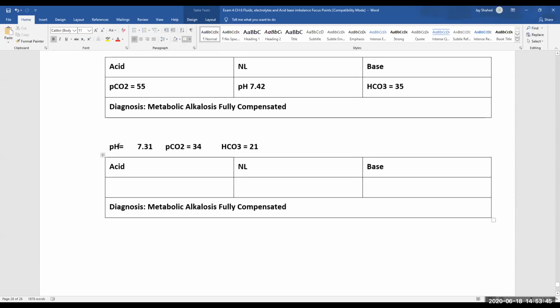All right, let's work this out. 7.31 is what? Acid. CO2 is what? Normal? Is it acid or base? Basic. This one? Acid. Acid or base there?